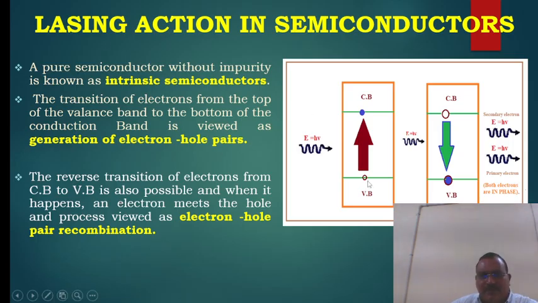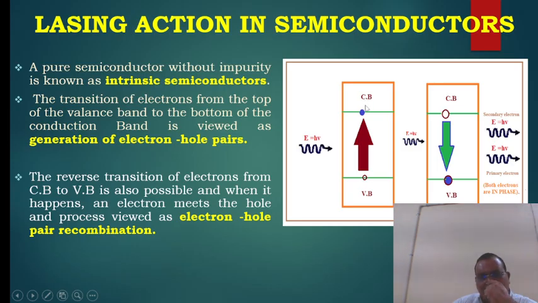Now see, what did you do first? Photons are incident on the semiconductor material gallium arsenide, and in the valence band, if I say one atom absorbs this photon, it goes to the higher state, that is the conduction band.